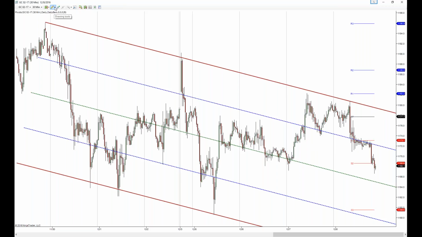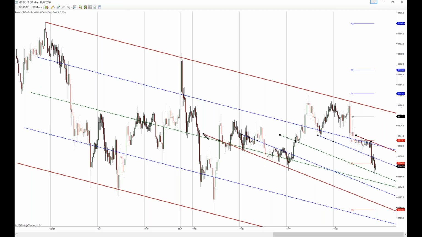A little more current channel might be looking a little more like this. Hard to draw it, but maybe something like that. Either case, we are in a downward channel, which tells me I'm looking for a sell trade. When I'm in a downward channel, I'm looking for a sell trade, right?